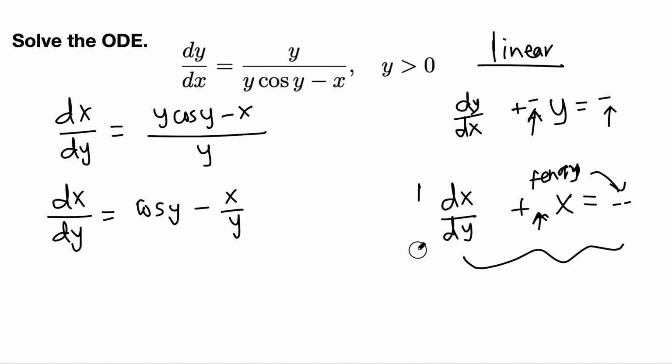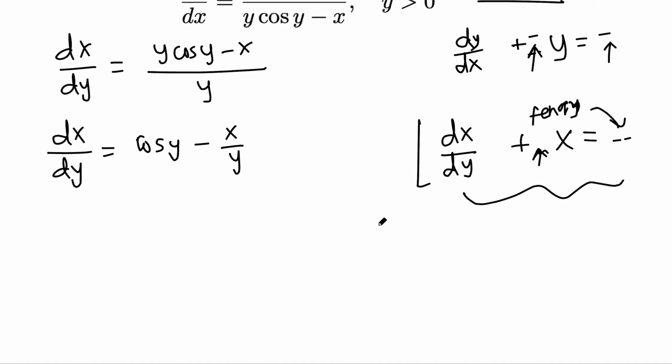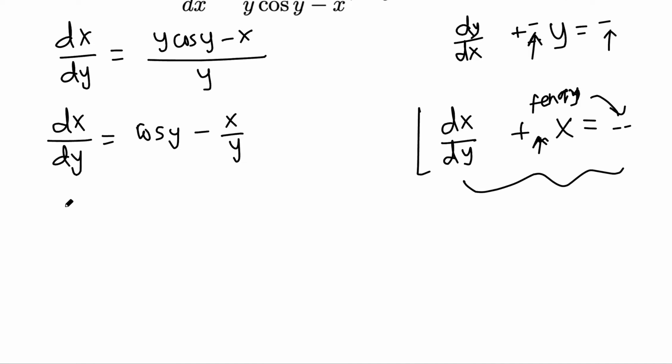Okay, looks like this is the case here. Let's pull x over y to the left. So we have dx over dy plus x over y, which we can write as 1 over y times x, equals cosine of y.